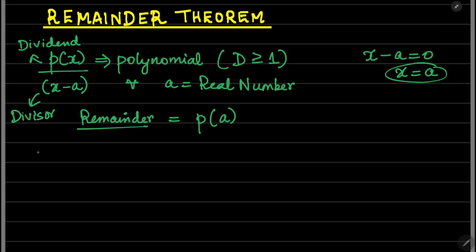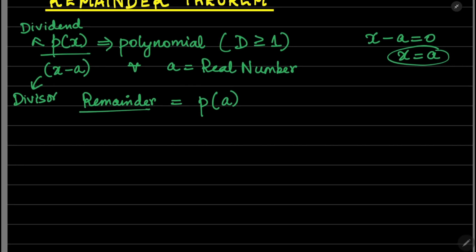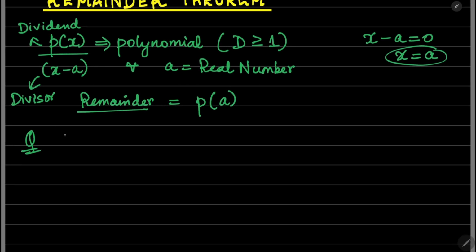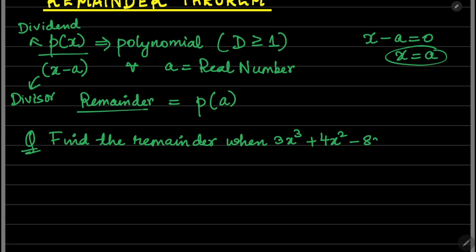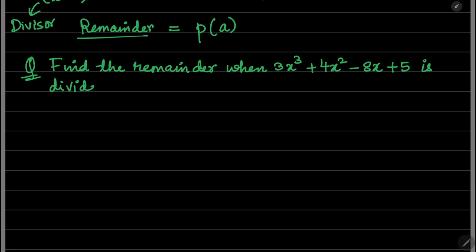Let us see an example. Find the remainder when 3x cube plus 4x square minus 8x plus 5 is divided by x minus 2.